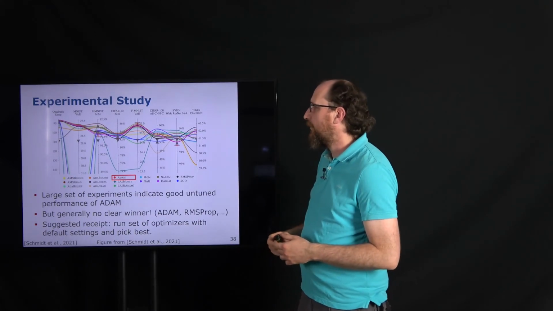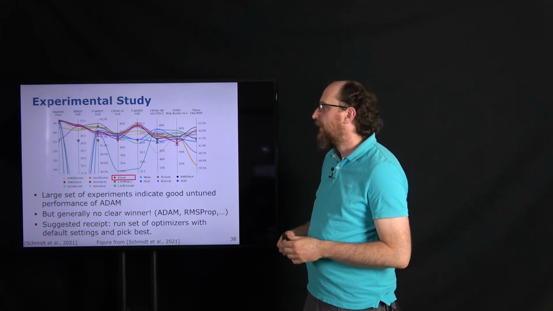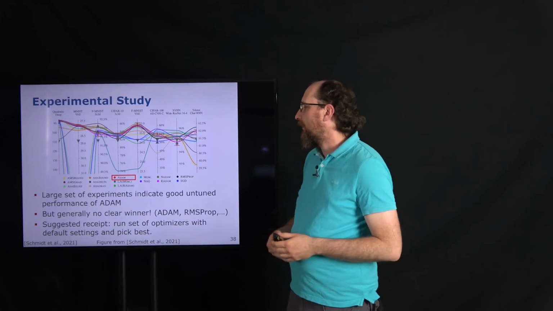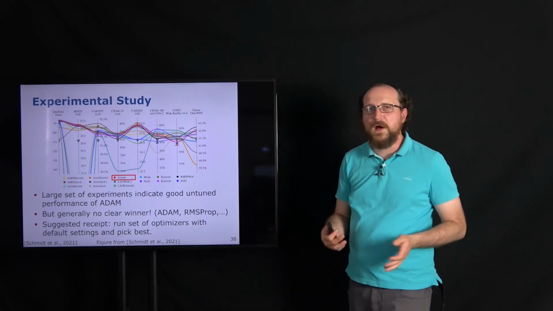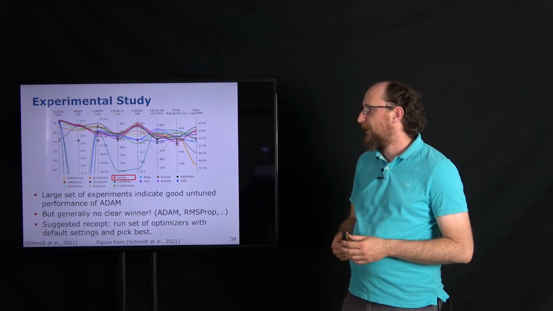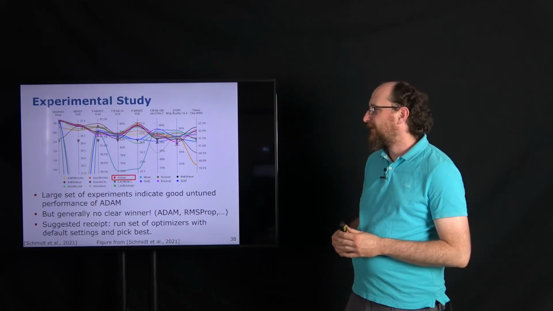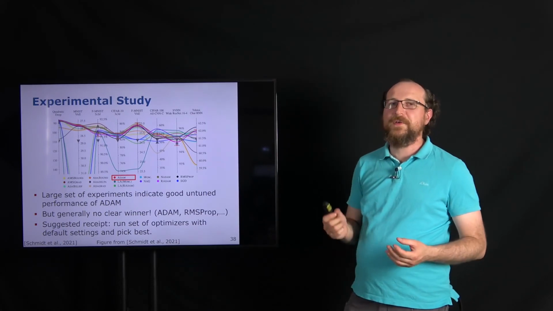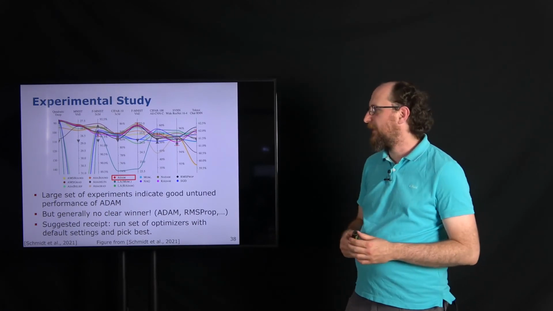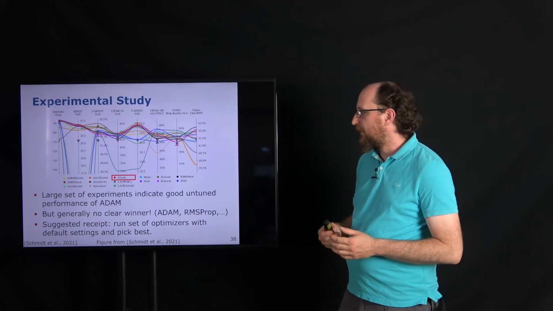That is also the outcome of the study: over a large set of experiments we get a good untuned result with the Adam approach. But as always, there's no free lunch, so there's not a single method that always achieves the best result, but in certain situations methods get better or worse.